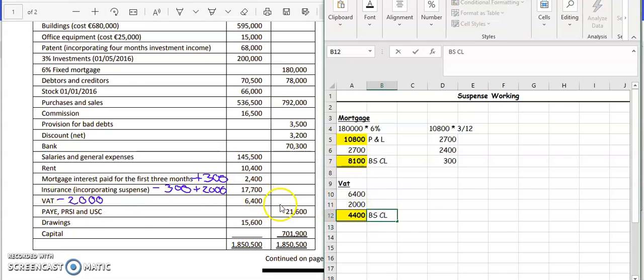Remember that if your VAT was on the credit side, it's an income. So that's VAT that we're to get back. So because it's on the debit side here, it's a liability. And then the last one then is insurance.